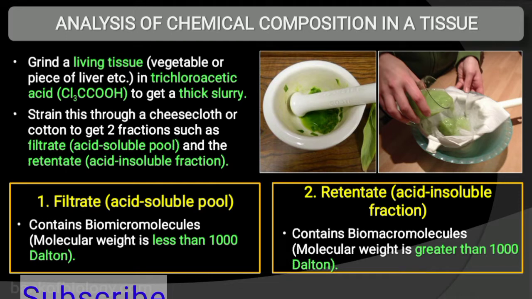Strain this through a cheesecloth or cotton to get two fractions, the filtrate and the retentate. Retentate means the insoluble part and filtrate is the soluble part. And what is filtrate, or the acid soluble pool? It contains biomolecules whose molecular weight is less than 1000 dalton, whereas the retentate, or acid insoluble fraction, contains macromolecules which have molecular weight greater than 1000 dalton.